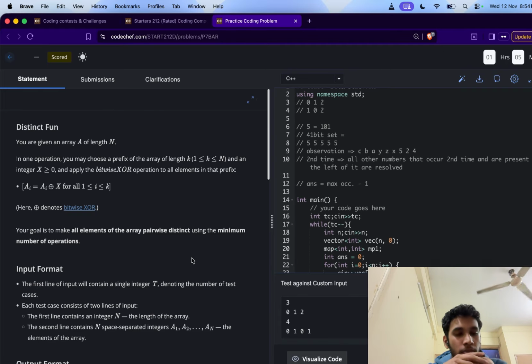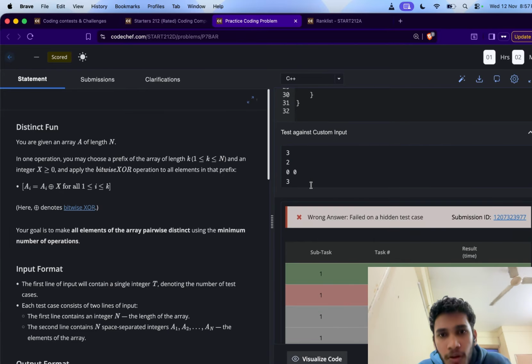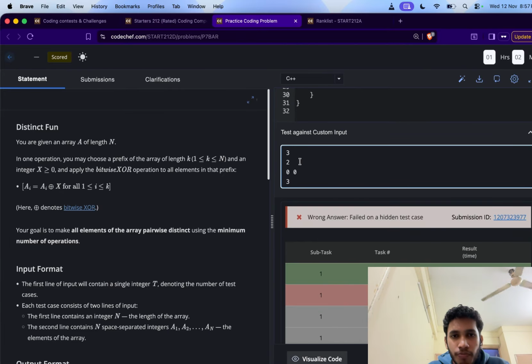Let's try out some other approach. I've got an edge case, like if we write down 4 2 2 4 4. Let's say first we did the operation with 8 on this 4.